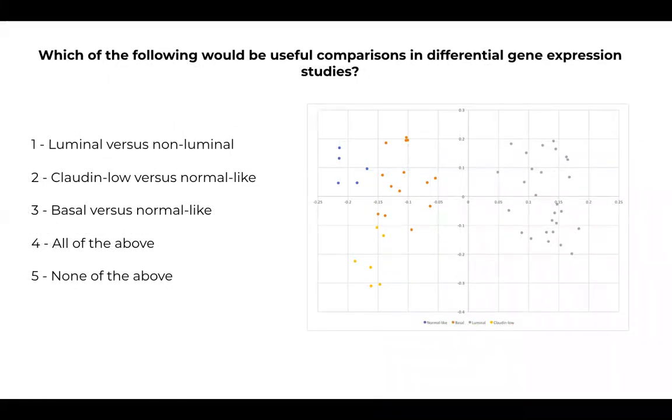Okay, now which of the following would be a useful comparison in differential gene expression studies? Useful comparison. There are also two options which say all of the above, none of the above. So what do you think? When you want to see differentially expressed genes, it means that you want to see difference, right?